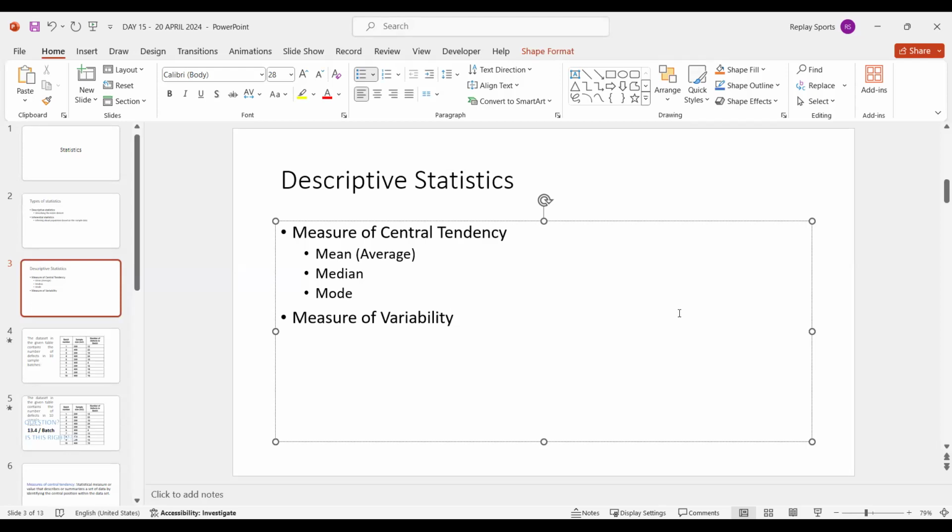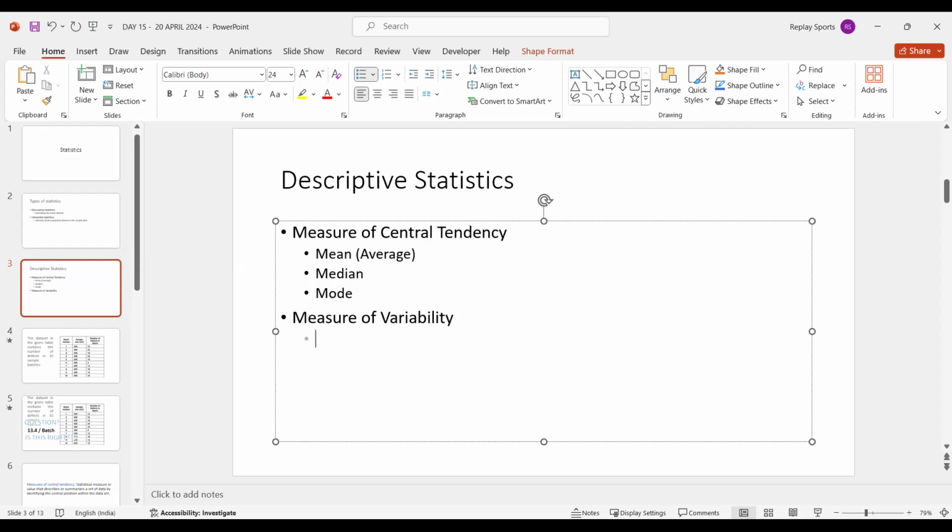If you have to describe a number, we describe it with central tendency, the middle value, and how much variance, how much deviation there is in the data. So deviation, or the variance, or the variability is what we talk about here.